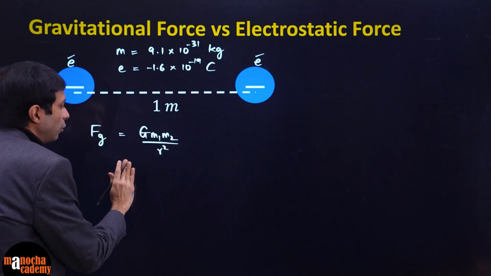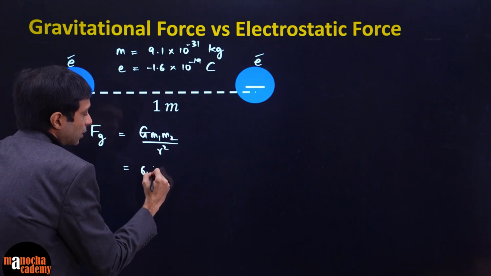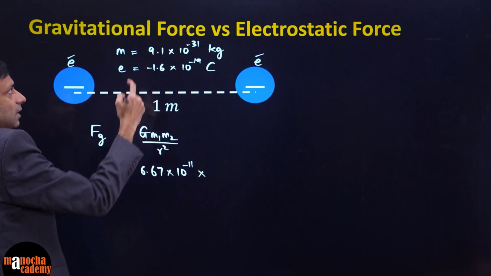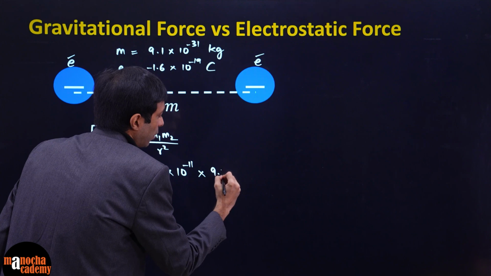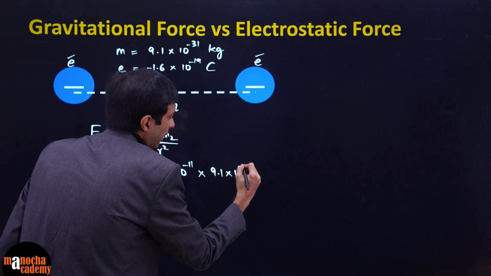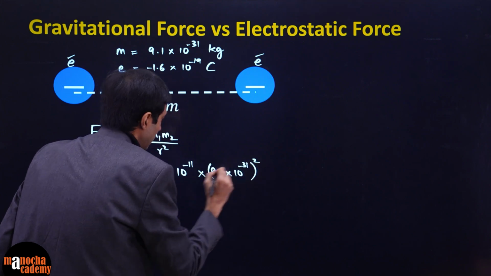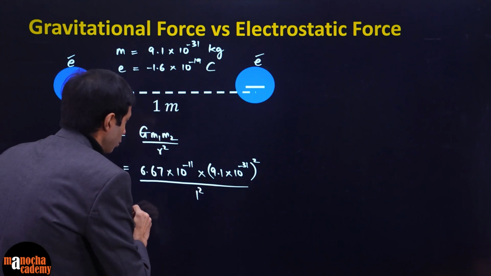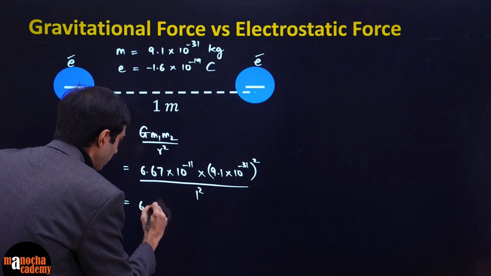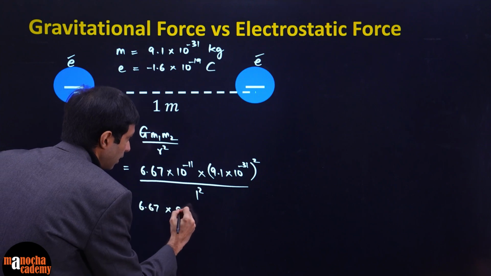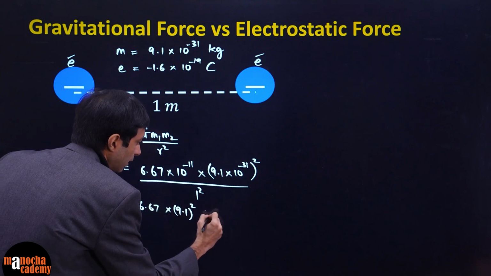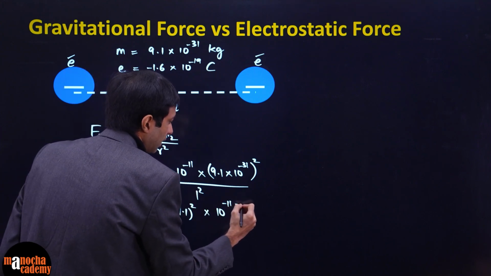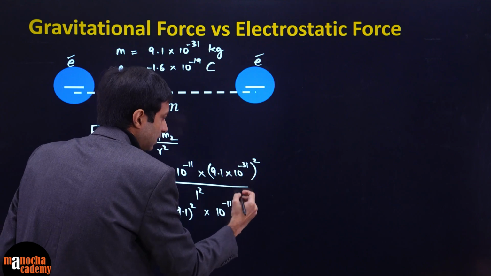Let's substitute the value. You guys remember the value of gravitational constant is 6.67 times 10 to the power minus 11. The two masses are 9.1 times 10 to the power minus 31 whole square, divided by the distance, which is 1 meter. So the denominator is easy, 1 square. Let's bring all the numbers together: 6.67 times 9.1 whole square times 10 to the power minus 11 and then minus 62 here.